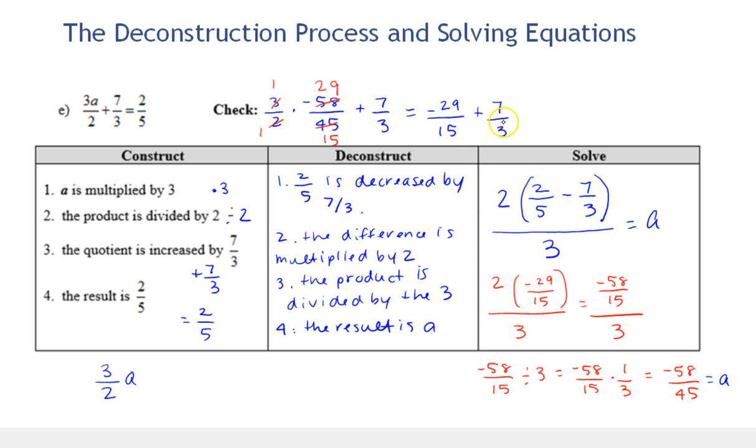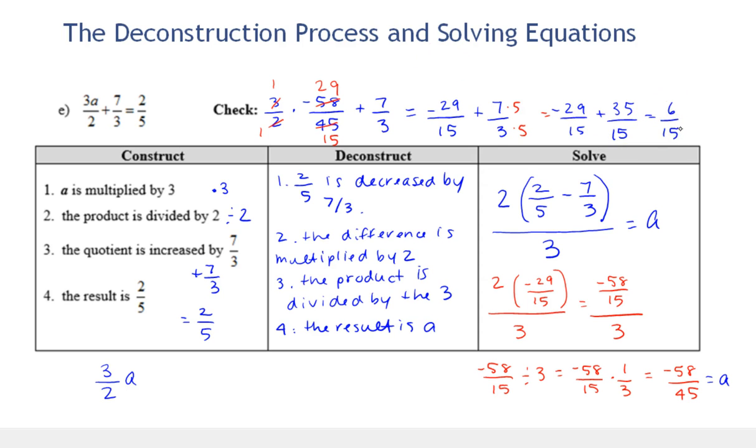So I'm going to give these a common denominator of 15. So multiply by 5 over 5. We have negative 29 over 15 plus 35 over 15, which will give us 6 over 15.